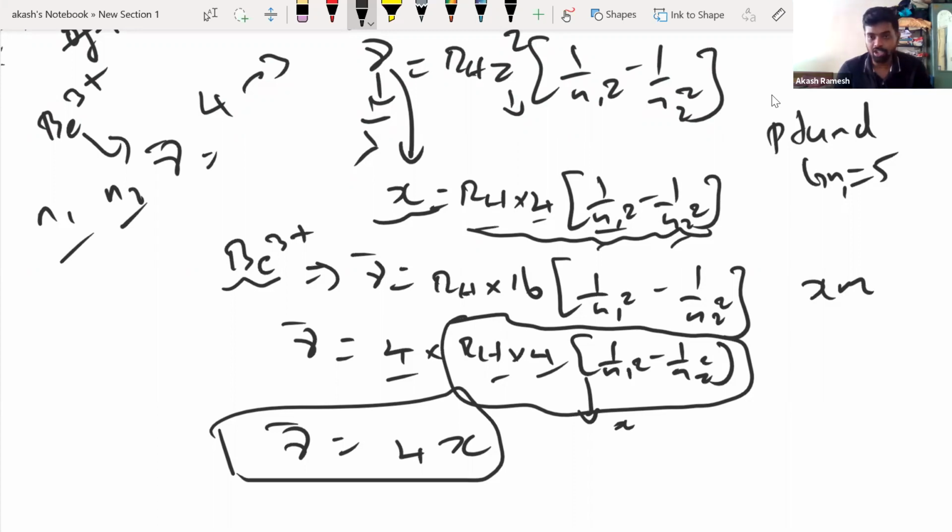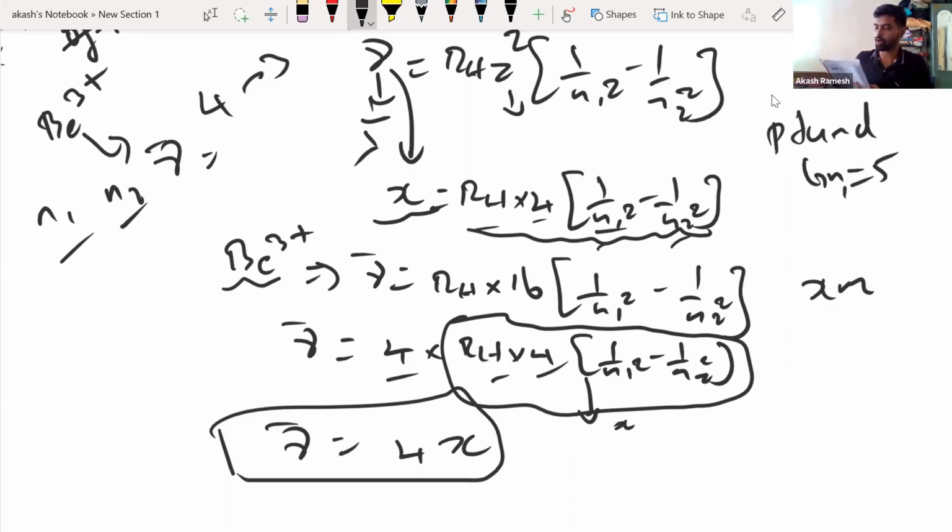I'll repeat the question, people. In Lyman series, the shortest wavelength of hydrogen atom appears at X meters. So find the longest wavelength in Balmer series for He plus ion.